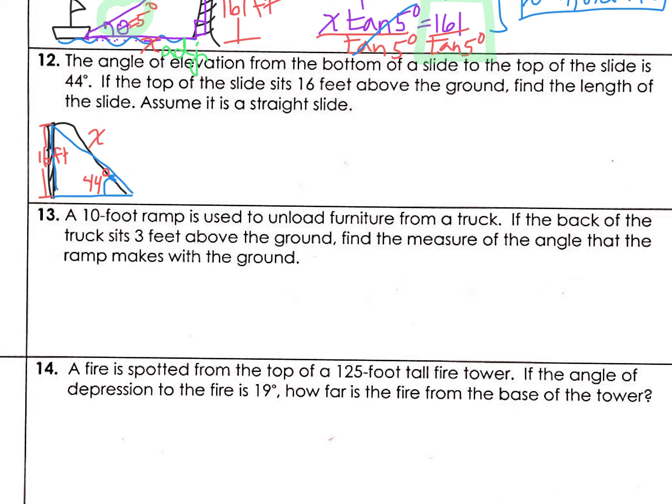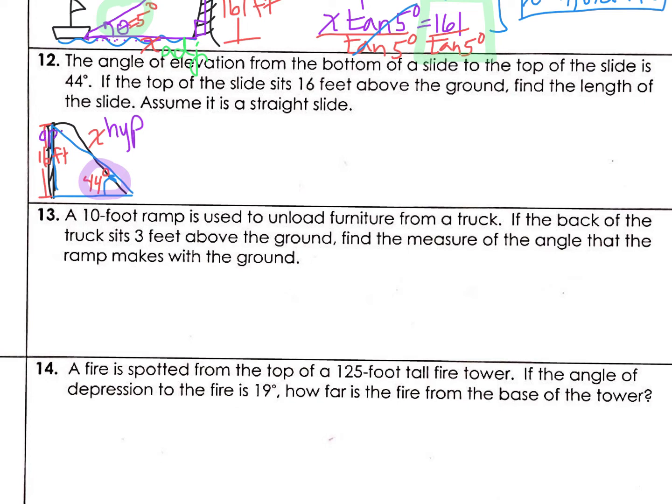So if this is my angle of reference, then for this angle of reference, this side right here is across from the 90-degree angle, so this must be my hypotenuse. And this side is opposite. So I've got, where am I going to put that?